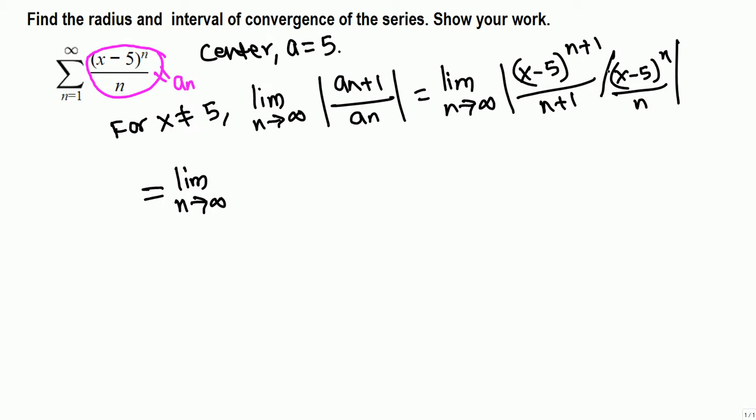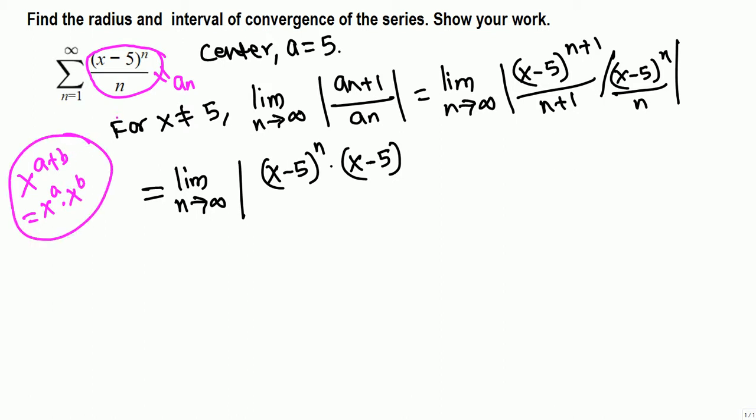Let's change this division into multiplication, then this flips, and we can rewrite x minus 5 raised to n plus 1 as x minus 5 to the n times x minus 5 to the 1. Like x raised to a plus b is the same as x raised to a times x raised to b. Over n plus 1, changing this division to multiplication, n over x minus 5 to the n.